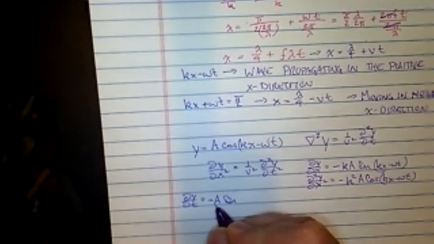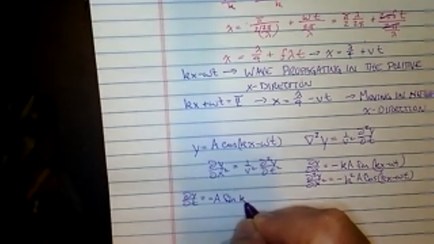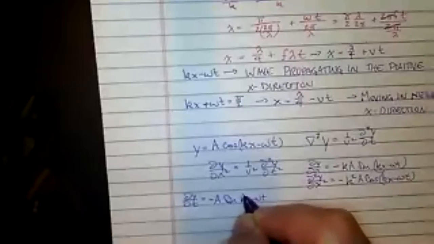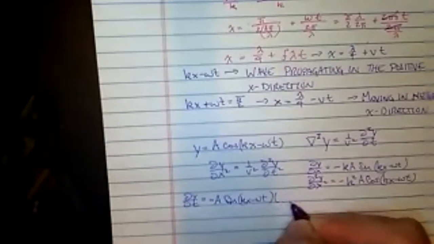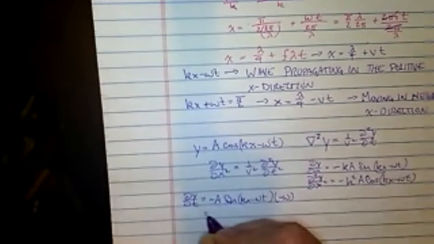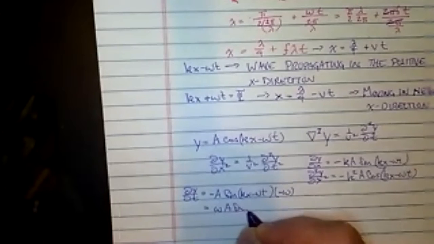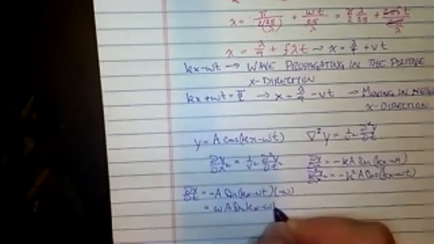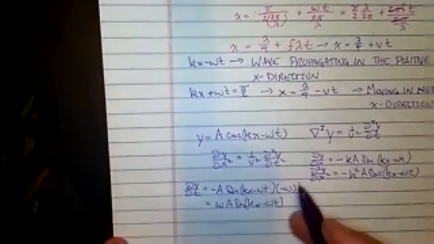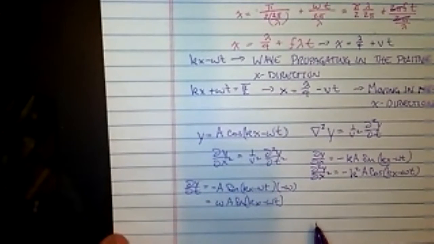I'll write it like this, kx minus omega t, and all of this is multiplied by negative omega. So in fact, it equals omega a sine of kx minus omega t. Notice that negative omega is being multiplied by the whole thing; I just didn't leave myself enough room to do it.